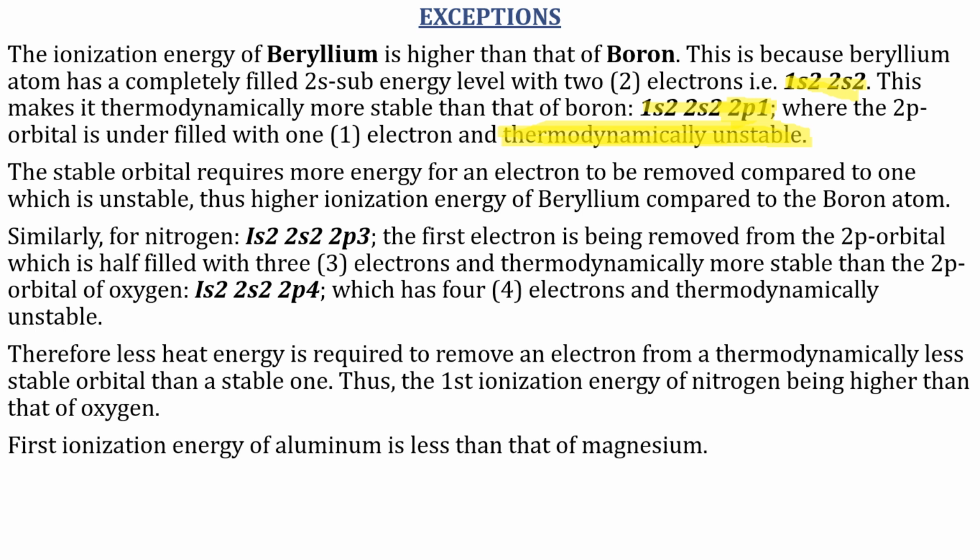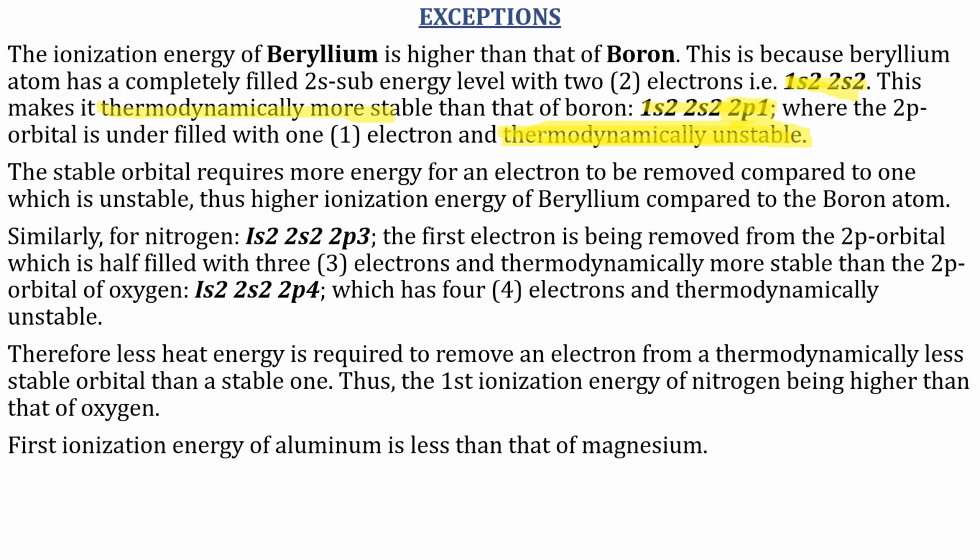So if you look at boron, it only has 1 electron in the 2p sub-energy level, whereby this one will become thermodynamically unstable. And once an element is thermodynamically stable, to remove an electron will require more energy. But for boron, since it does not have a filled sub-energy level, to remove an electron will require less energy.